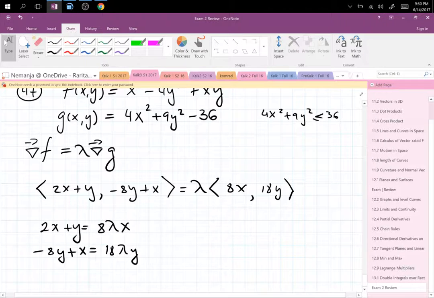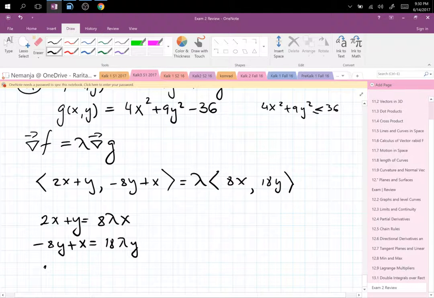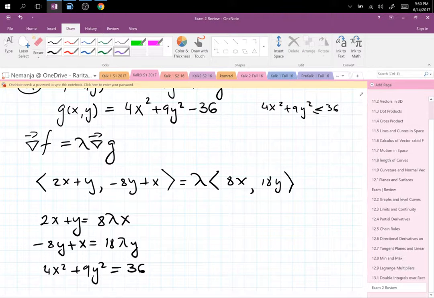And the last equation is, I'm just going to divide through, and we use just the equal sign because remember the less than or equal to is the inside of the ellipse, which is taken care of by a previous section. I'm just going to use equal there, and write 4x squared plus 9y squared equals 36, and this is our system.